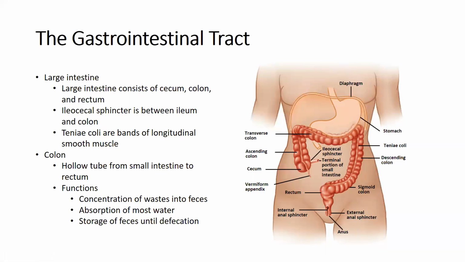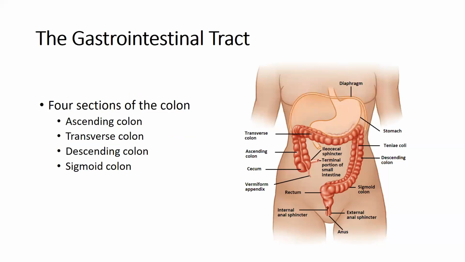Now, we don't want to lose water, the same way we don't want to lose excess water in the urine, in the tubules. We don't want to lose water in the GI tract. So most of the water is reabsorbed in the colon so that it can be reabsorbed into the body, and then that solid or semi-solid substance can be formed for defecation.